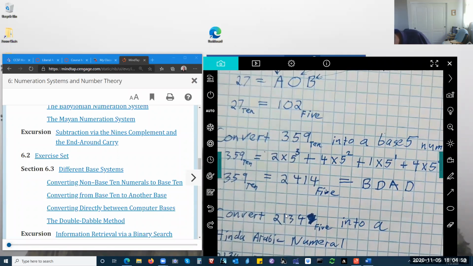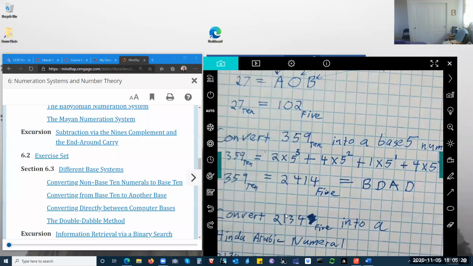This is 1s, 5s, 25s, 125s. So let's see, we got 250 plus 25 plus 15 plus 4.